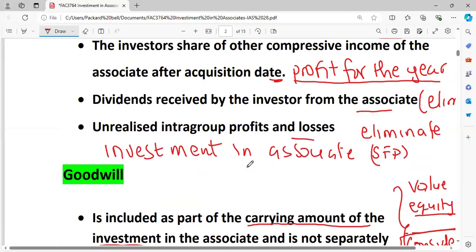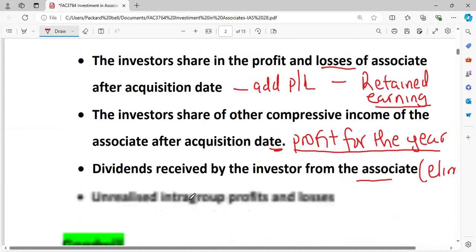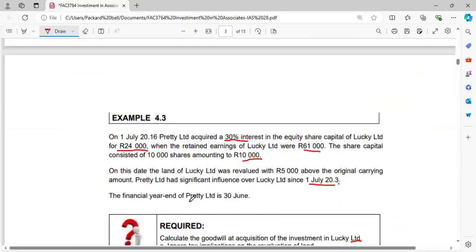Goodwill is not going to be separated. Remember, we say goodwill is in here, so you don't need to separate it. You take only this figure. When you start your calculation, you start with the cost of the investment, which means that goodwill already is in this cost of the investment. So there is no need to separate it when you go to your investment in the associate. You just start from the cost, then you minus or add anything that can increase or reduce the investment.